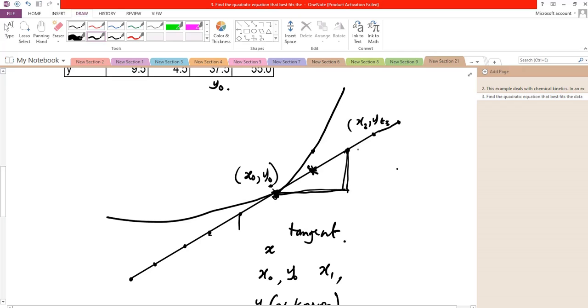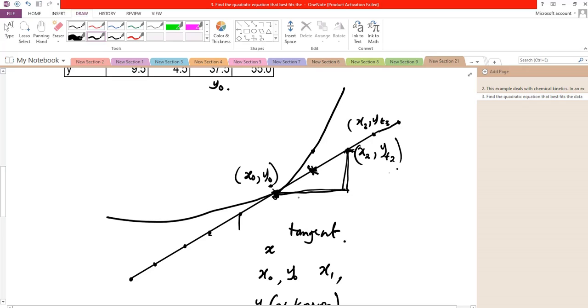now you have this point to be x subscript 2, y subscript t2, at this point.